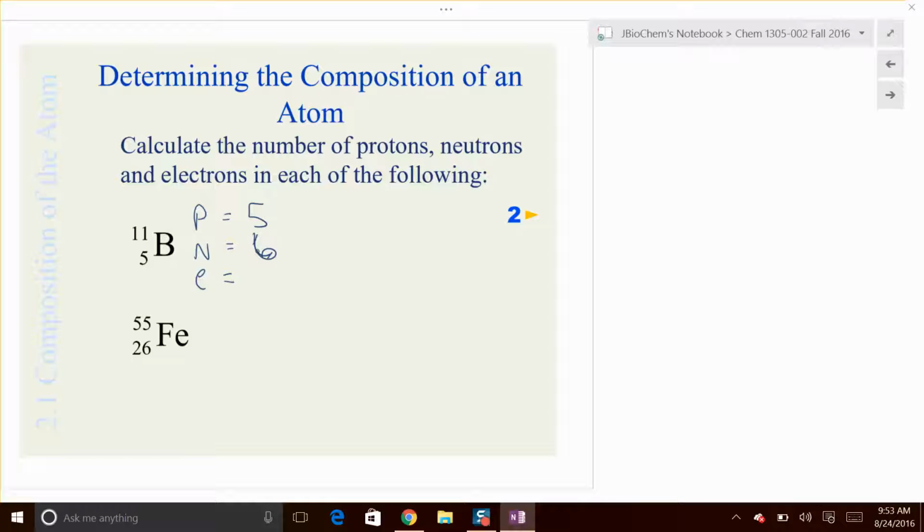They're balanced. So how many electrons do I have? 5. How about iron? 55. Number of protons? 26. Neutrons. Say it again. 31. Electrons. 26.